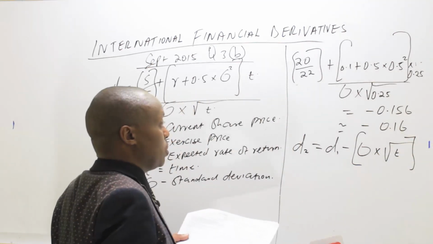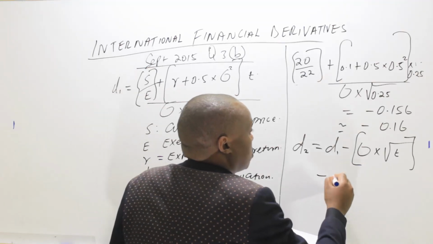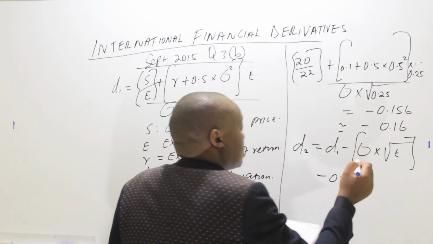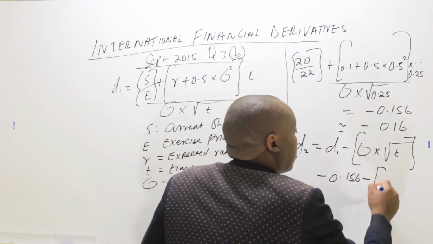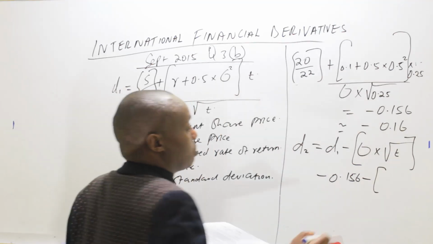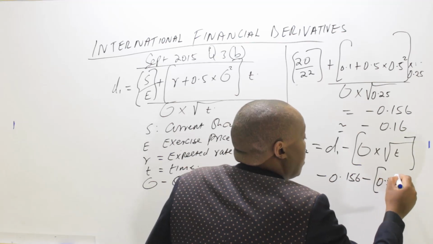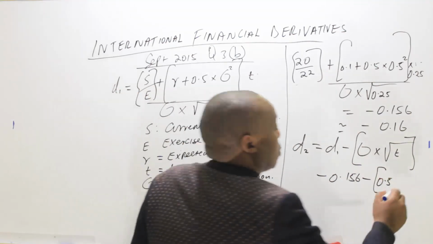Therefore, in this case, we know that our d1 is negative 0.156 minus open brackets, the standard deviation in this case was 0.5, times the root of time.